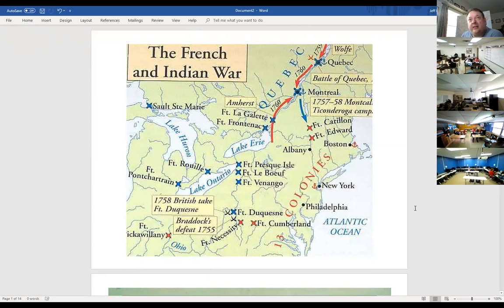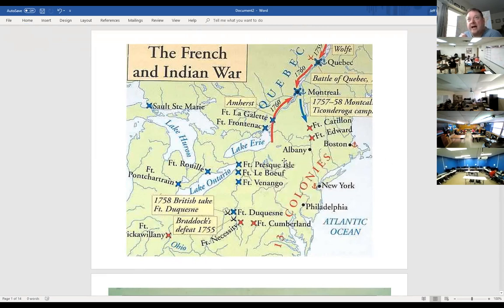So what happened in those 7 years was the French only had about 60,000 people, remember, 60 to 100,000 people. And the colonies had upward of around 2 million. The colonies were able to put together local militias much quicker. And so the French relied upon their alliances with the Native Americans, and thus the French and Indian War.